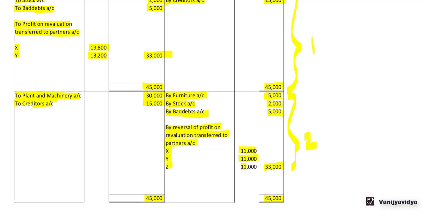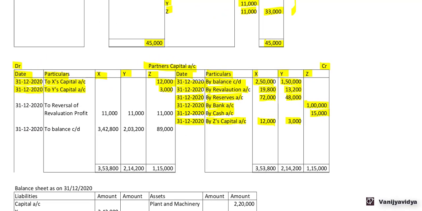So the entry for this will be partners' capital account debit to revaluation account. On the debit side of the partners' capital account, let's post this: 31st December 2022, reversal of revaluation profit 11,000, 11,000 and 11,000. That comes to 33,000.